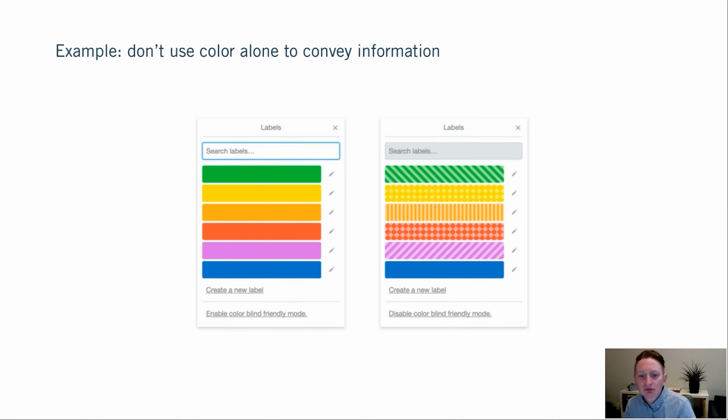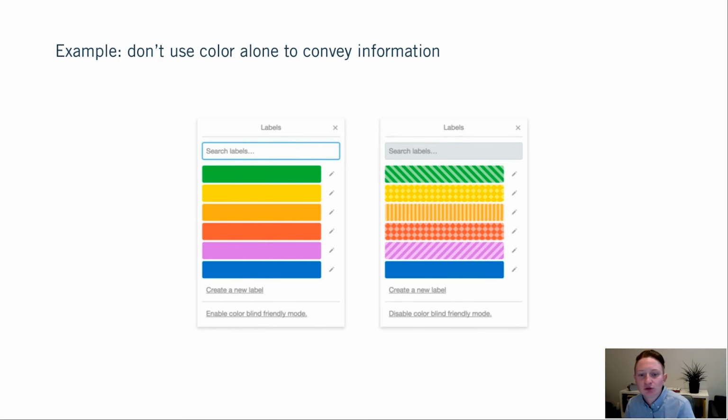And this works fine for me, for example. That's sufficient information for me to see if my lists and the content in those lists is marked in a certain way. But this might not be enough for somebody who's colorblind.